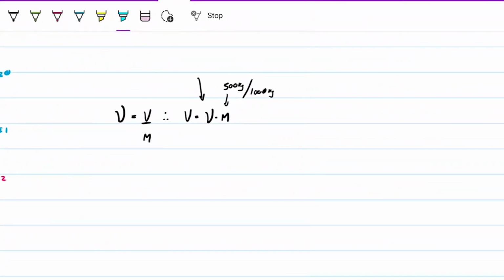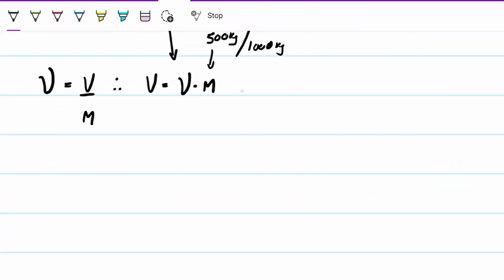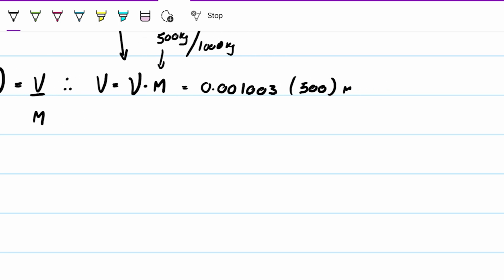So what I know is that this will be 0.001003 times 500. And unit-wise, I'm multiplying meters cubed per kilogram by kilograms, meaning this ends up being meters cubed.